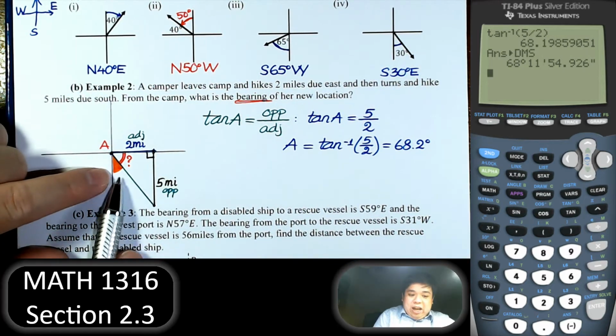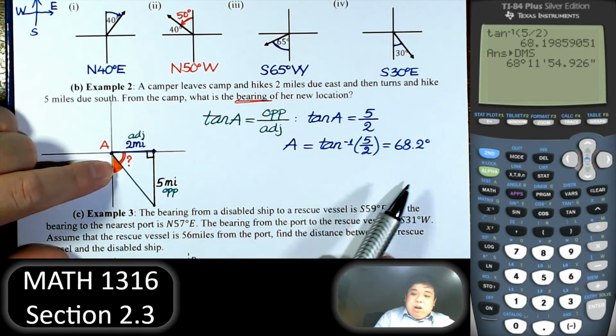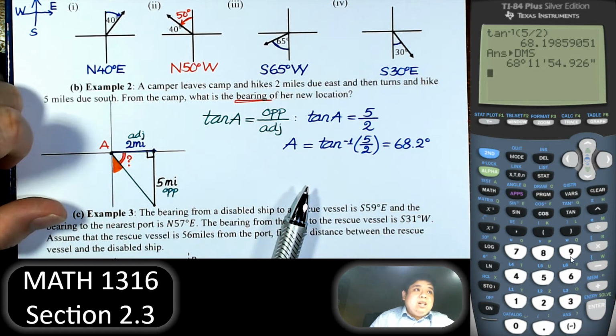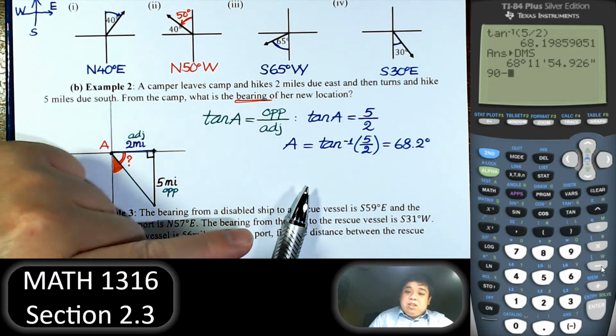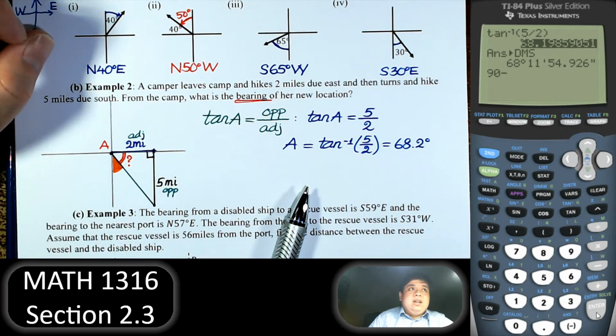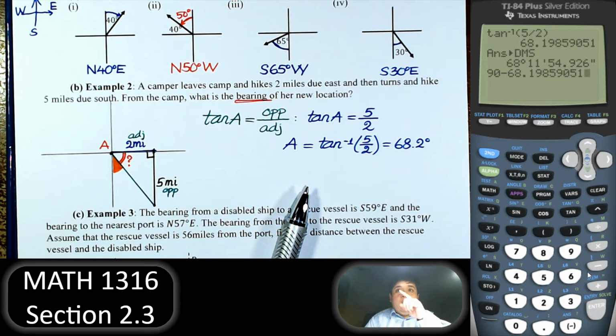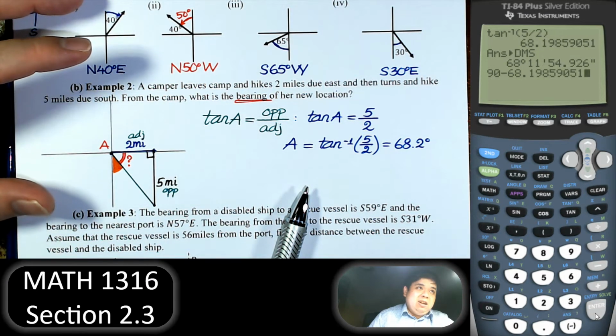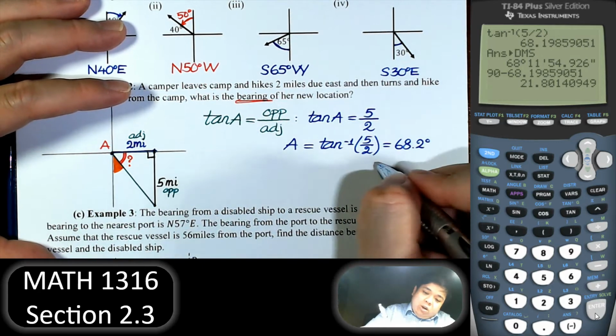So we have to subtract from 90. I'm not going to type 68.2; I go up, highlight that number, and hit enter. If you cannot do that, type the whole thing. So that is 21.